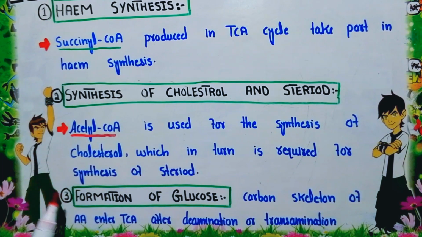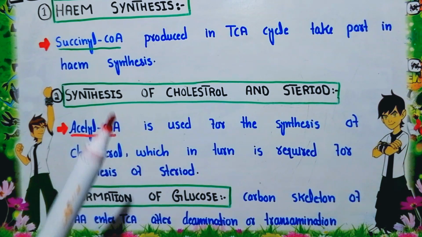Now look at the third best-known example of the synthetic role of the Krebs cycle, the formation of glucose. This is called gluconeogenesis, meaning the formation of glucose from non-carbohydrates.